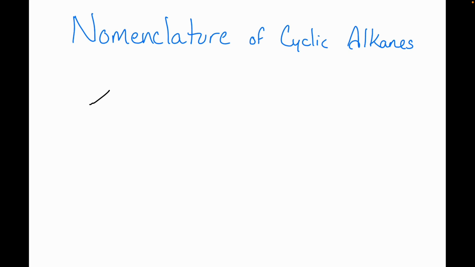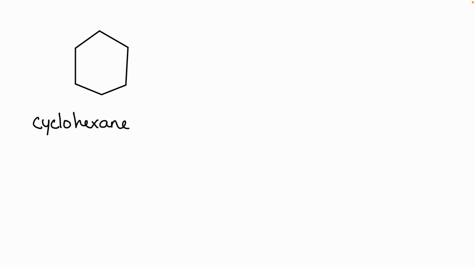All right, so let's start out with our hexagon. This molecule right here is called cyclohexane. And that is just the generic formula that you will use for naming your rings.